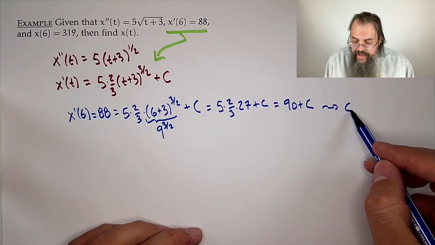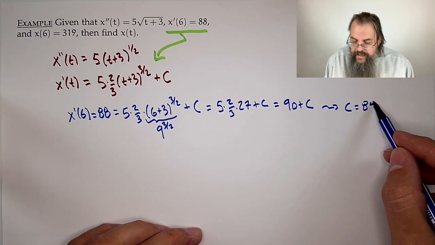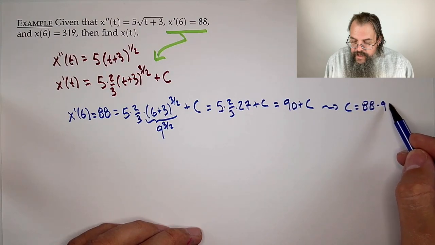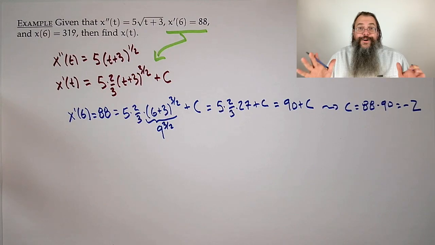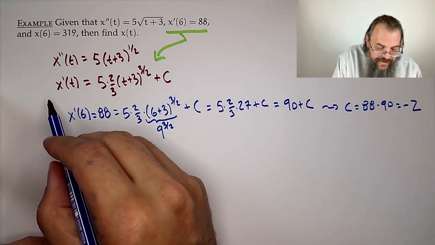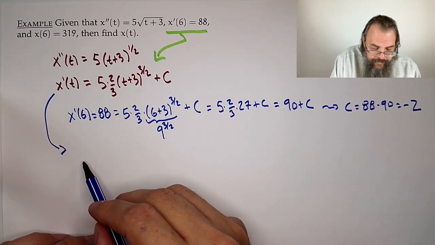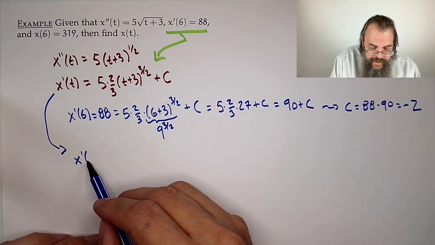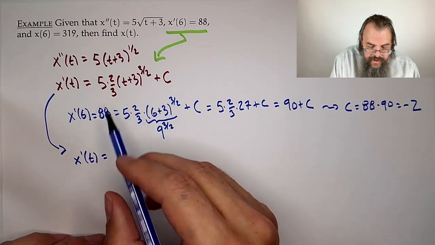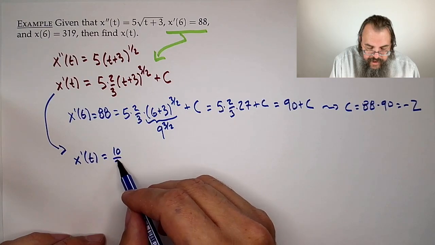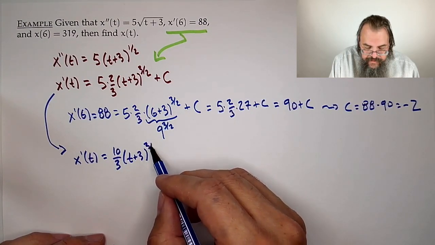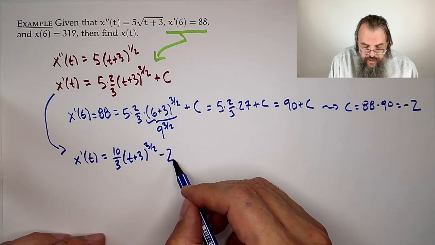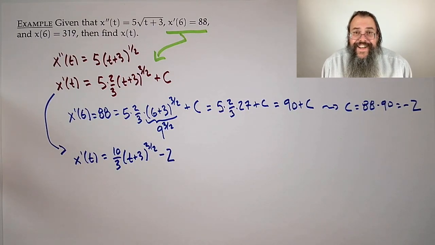Hey, that's not so bad. c is 88 subtract 90, which would leave us with -2. Good, good. So now we can update. So really, say, hey, here's x prime of t. Well, we'll write as 10/3 times t plus 3 to the 3/2 minus 2. All right.